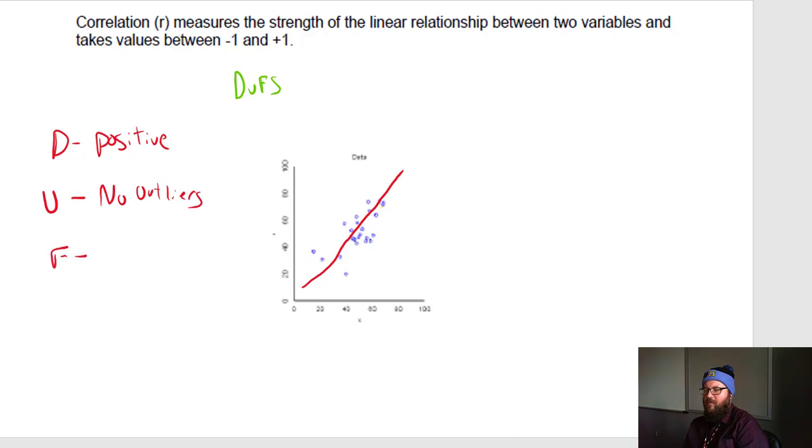On the form, hope everybody agrees that's pretty linear. The strength though, I'm going to say that that would be moderately strong as well. But now what's different compared to the moderately strong we had over here?